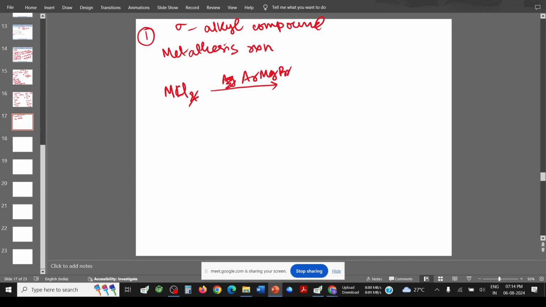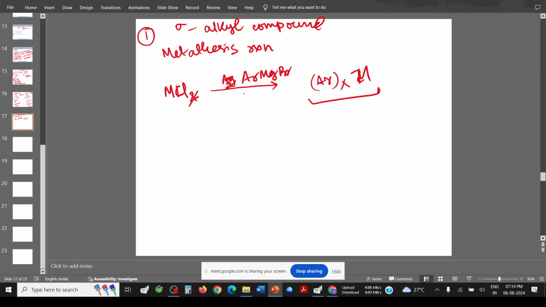Then we will have, replacing the halide, AR, X, M. So this is a very representative or general expression for synthesis by metathesis reaction.